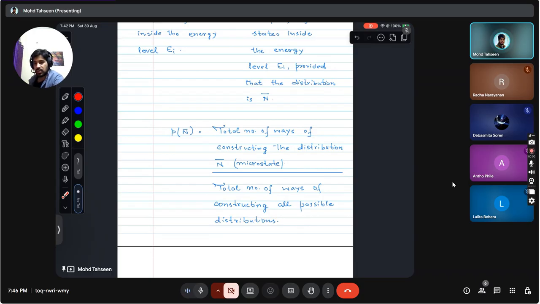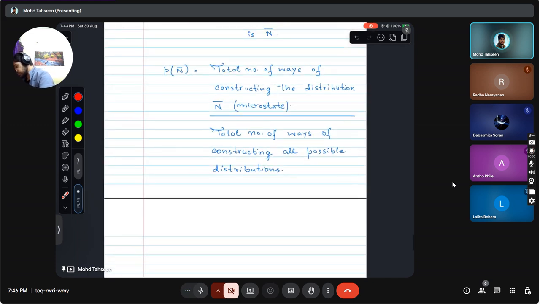And similarly, the number of allowable states, S0, S1, S2, are also constant. So the total number of ways in which we can construct all possible distributions for a given energy is also constant. But the n bar will depend on what exactly a particular distribution is.